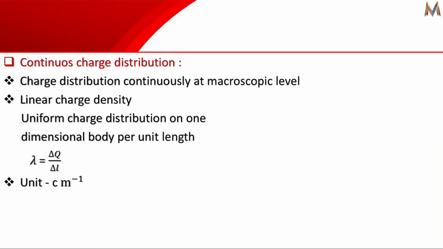Now see, we know discrete charges, that is point charges, but in most practical situations we mostly face continuous charge, not discrete point charges. At the microscopic level, maybe there are point charges, discrete charges here and here, but at the macroscopic level charges may be continuous, and if uniformly distributed, it is said to be a continuous charge distribution.